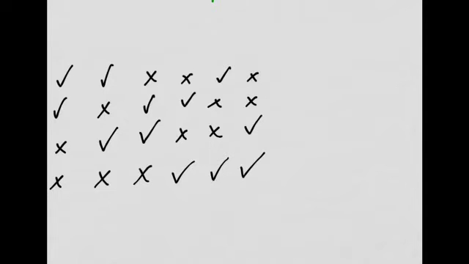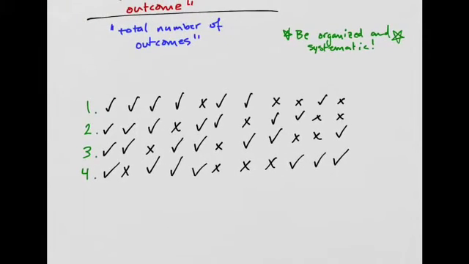Now, have I gotten all of them? What if I do this one? Nope, I got that one already. Whoops. So you have to be very, very methodical and systematic about this. And I think I have 6 there. So be very careful. Take your time. Make sure you get them all.